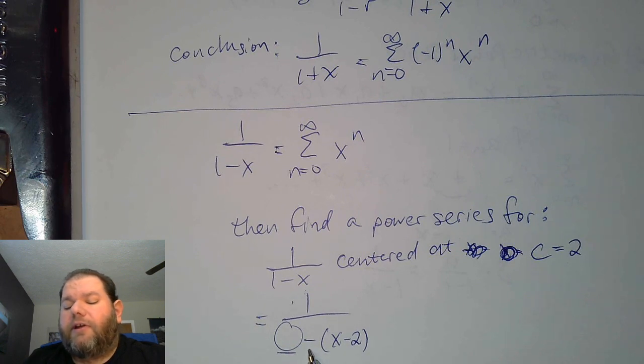Well, this is actually subtracting a negative 2. If we distribute this minus sign, it's minus x minus negative 2. So that's actually a plus 2 that we introduced into this denominator. Because we've introduced this plus 2, we need to balance that with a negative 2.